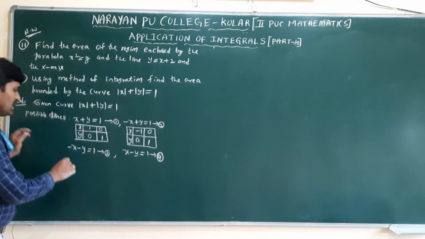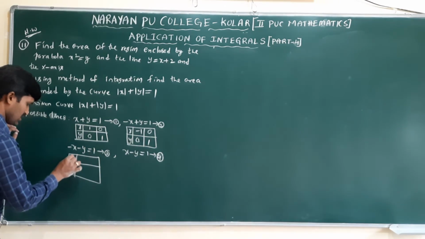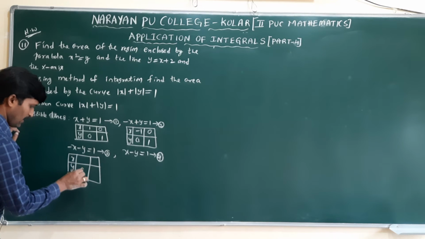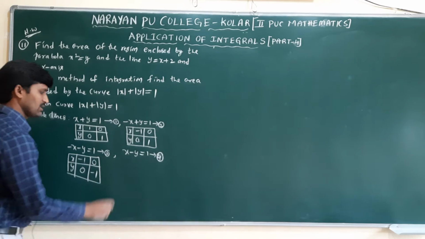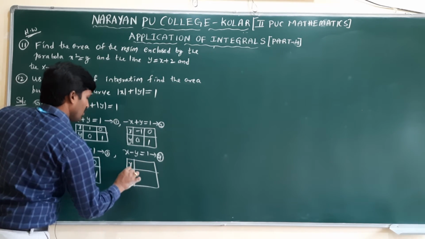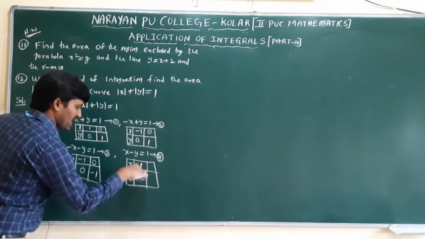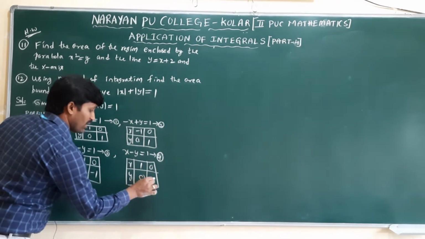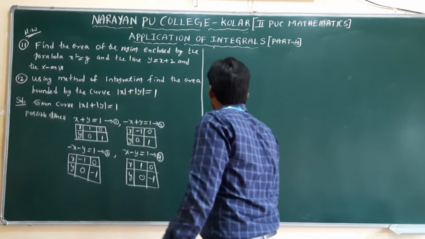Similarly, in the other cases we need the points y 0, x value minus 1, and x 0, y value minus 1. Once you draw the lines, the answer is very easy. Now from this given data we can draw the graph.